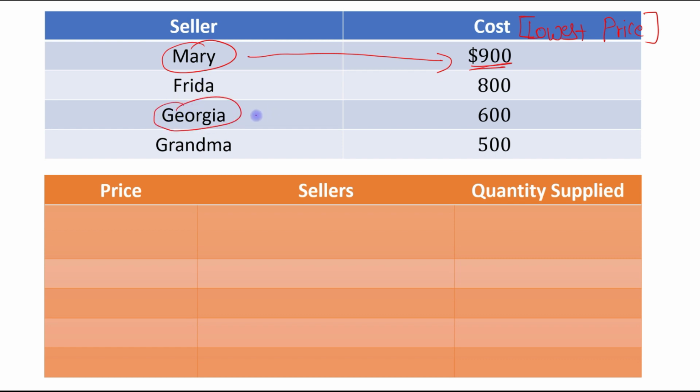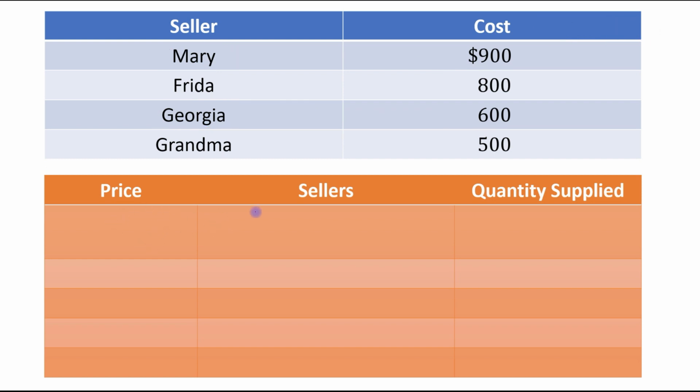The lowest price that Georgia would accept is $600, and if the price offered to her is less than $600, then Georgia will leave the market. Georgia will refuse to sell her painting services. Clear? Now we will use this table to find the supply schedule for painting services.